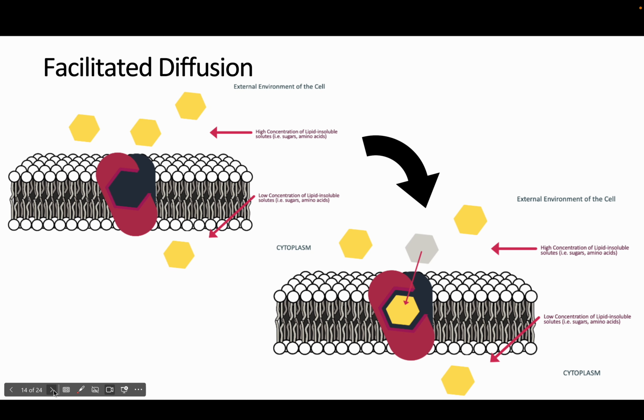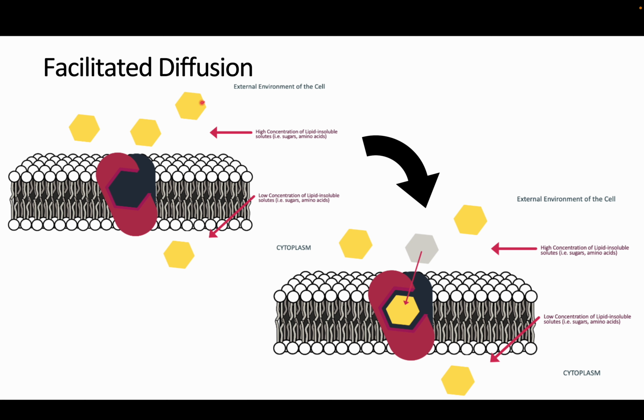Right. So just to have a nice visualization, here you can see an integral protein embedded in the cell membrane, and the transfer of the molecules is facilitated by these membrane proteins. So there is a high concentration of a lipid insoluble solute, let's say, for example, sugars or amino acids, to be transferred from an area of high concentration to an area of low concentration.